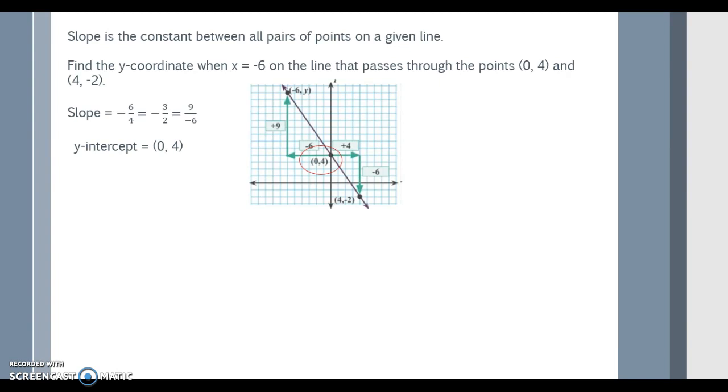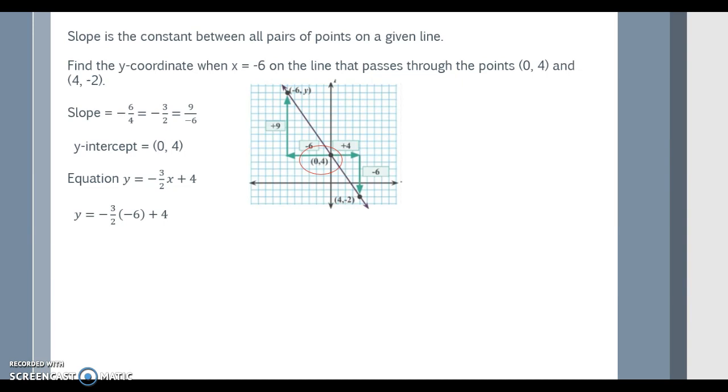The y-intercept here is at (0, 4). We know that the equation y equals mx plus b is the slope times x plus the y-intercept. So our equation is y equals -3/2 x plus 4. I know that I want my x value to be -6, so I will plug that in for x.